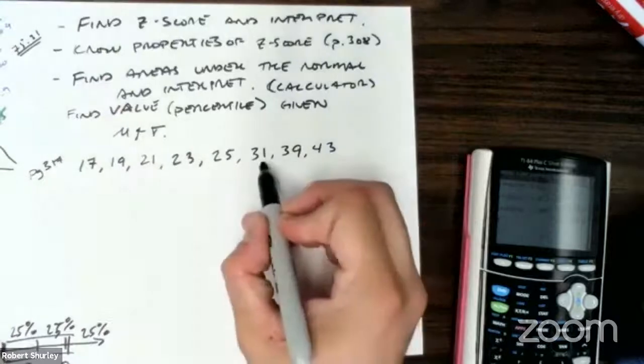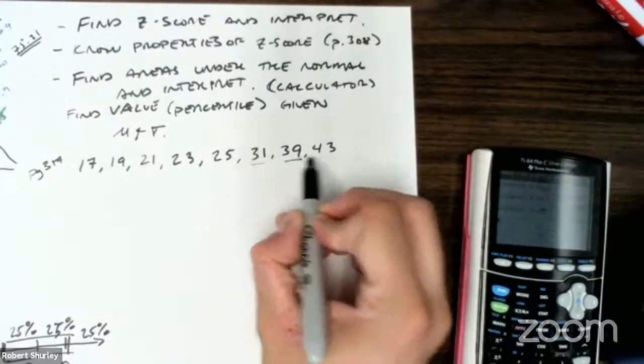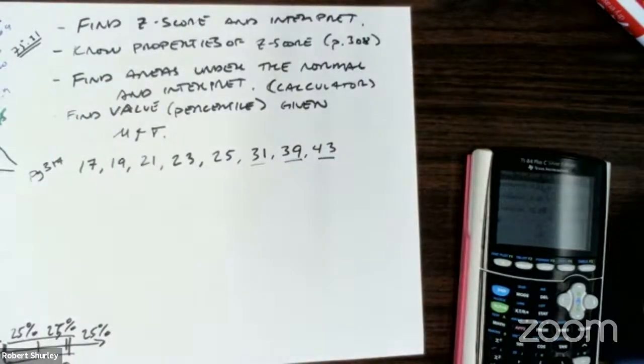Yeah, those are good. Those are three good real life questions right there. But they're all about finding the area under it or finding the percentile given it. Those are good questions.